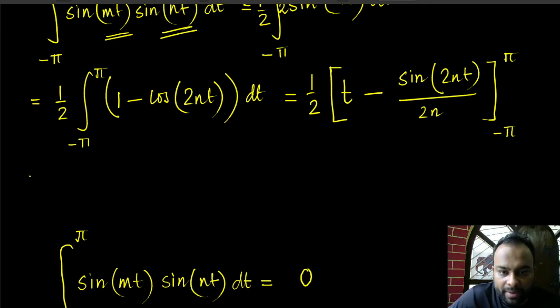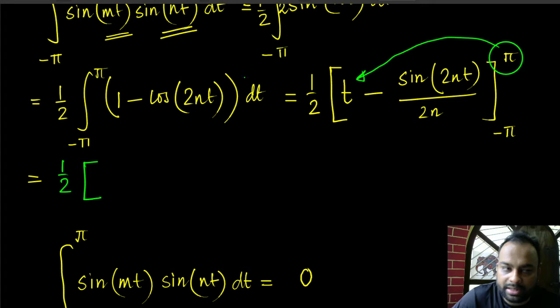Now let's put the upper and lower limits. So we have half. Let's put the upper limit. When pi goes in place of t, of course, that's no problem. But when I put pi here, I again have the same situation.